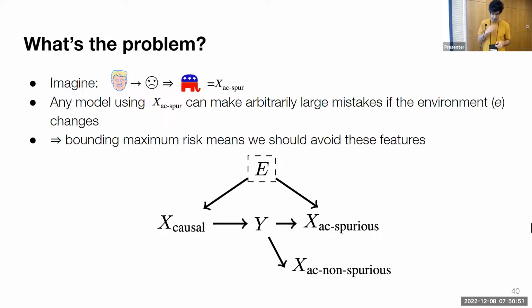All right, so let's think about this from a causal graph perspective. So imagine that the word Donald Trump causes a sentiment to be negative, meaning our model will end up using the type of party affiliation as information that is causing negative sentiment, and this is a spurious correlation, right?